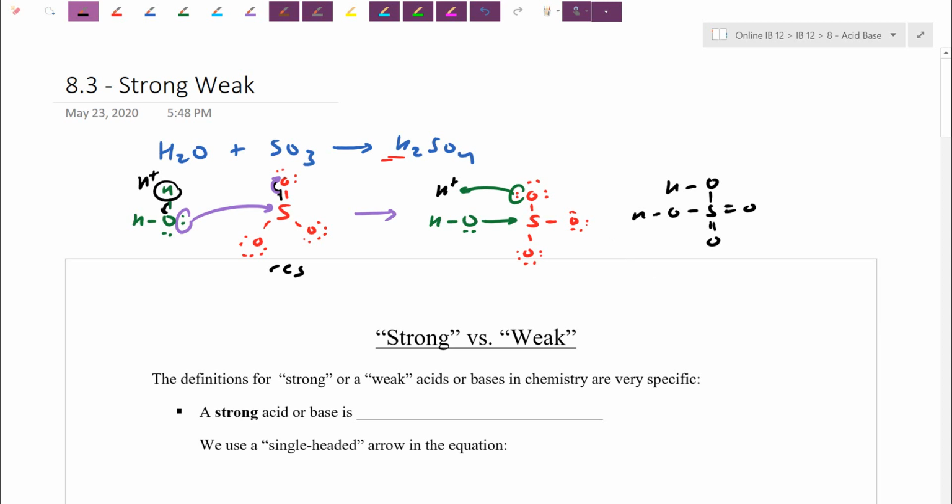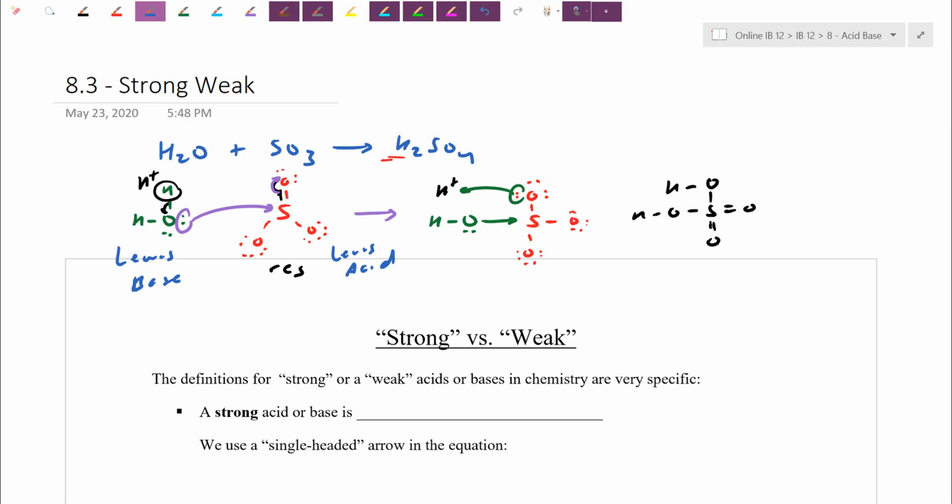Right? So that's a way that we end up seeing the Lewis acid and Lewis base here. The first attack was because of this water. So this one is referred to as the Lewis base, and the SO3, sulfur trioxide, is known as the Lewis acid.